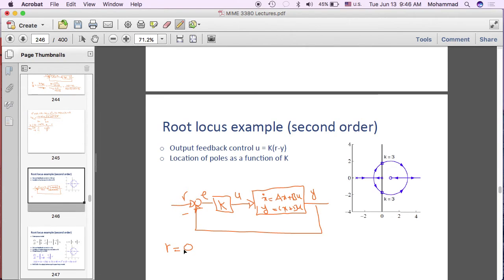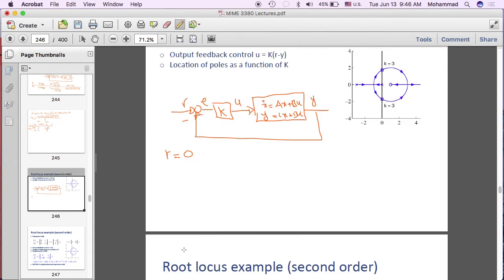If we choose r to be 0, basically we are saying we want the output of the system to go from whatever initial condition it has to 0 and stay at 0. Why do we choose r of 0? Because it makes the analysis easier for us to do. So let's see what u would be. u is K times e.